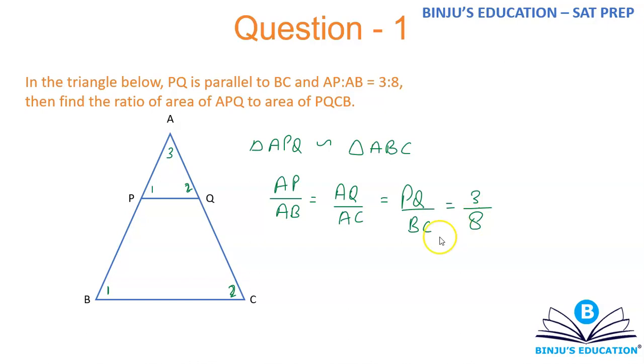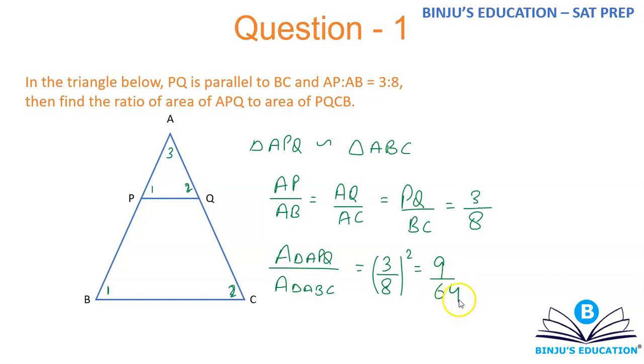So I can also say that the area of triangle APQ to the area of triangle ABC will be in the ratio of k square, the square of the constant. So this will become (3/8) square, which is equal to 9/64. We discussed in the last video that if sides are in the ratio of k, then the areas are in the ratio of k square.